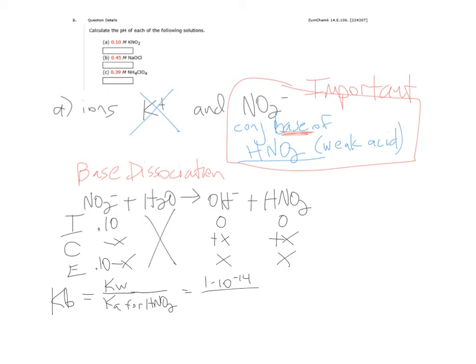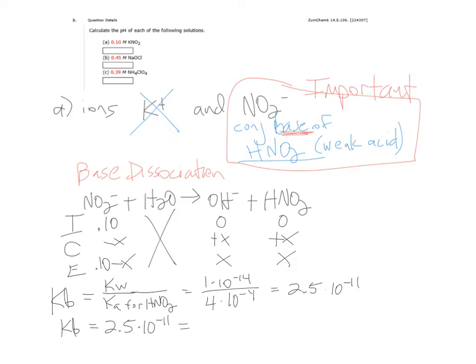You would actually have to look in Appendix 5 in your textbook, or of course you could Google this. The Ka value for nitrous acid is 4 times 10 to the negative 4th. And if you divide Kw by that number, you get 2.5 times 10 to the negative 11th. Now we have a Kb value that we can work with.